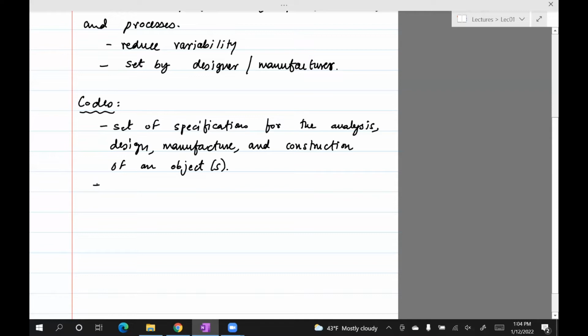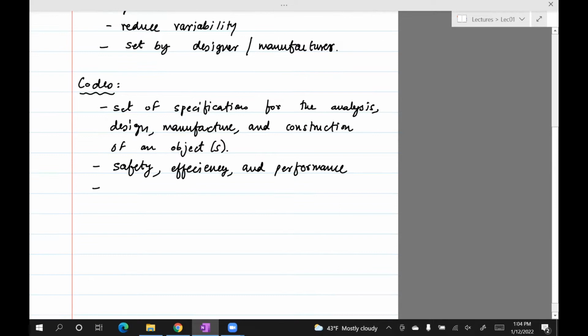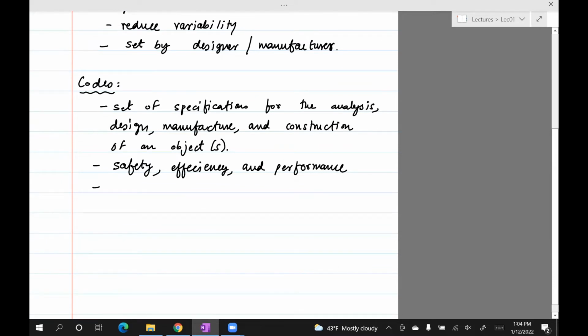The goal here, like variability, is to set the safety and efficiency and performance requirements, right? And this is something which the government cares about, that it needs to be safe and efficient and safe to use.